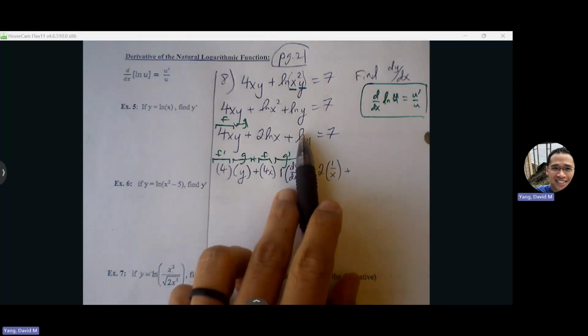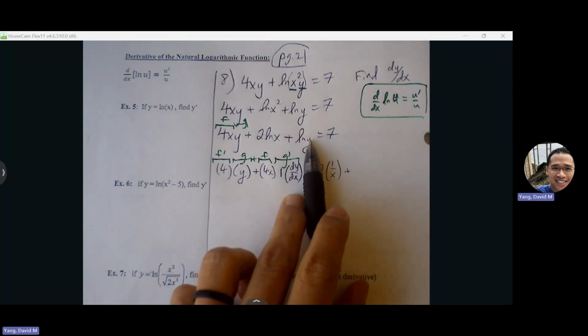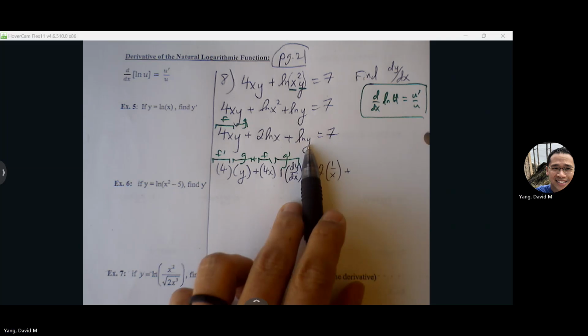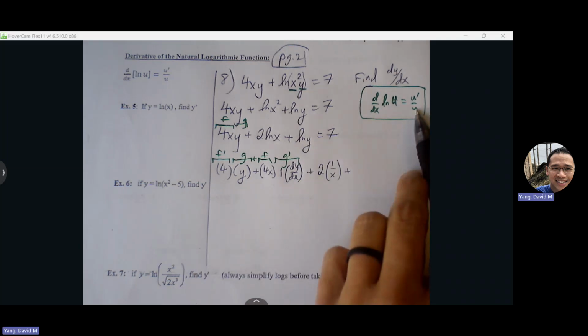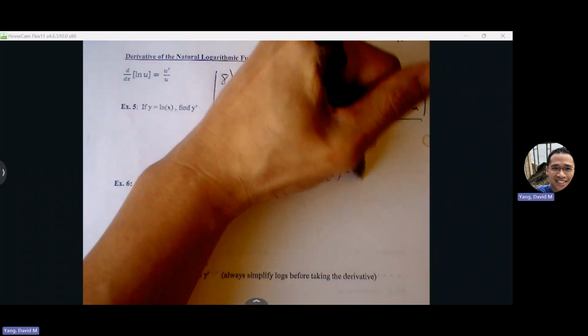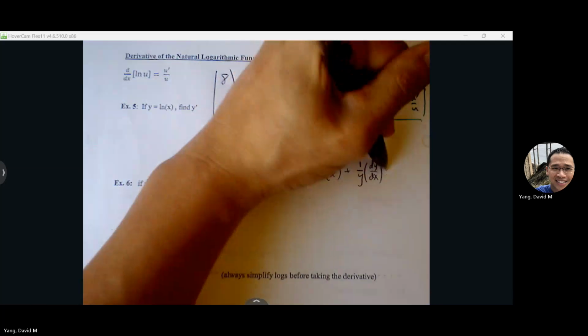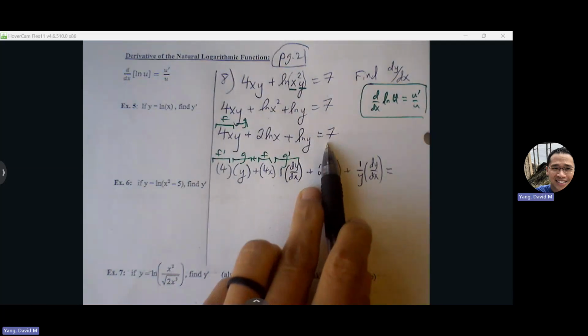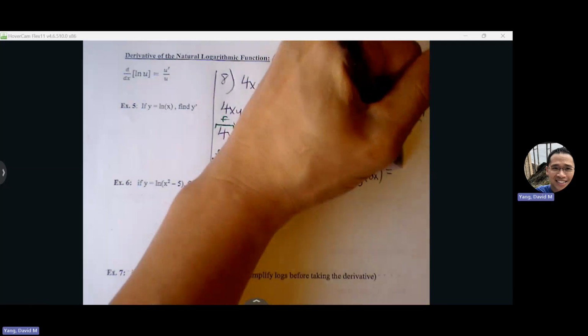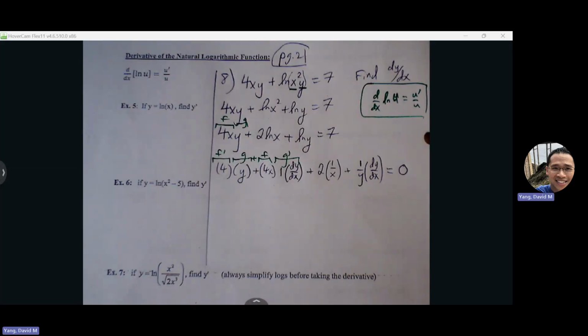Okay, natural log of y. So pretend like you're looking at an x, just find the derivative of that first. What's natural log of y's derivative? 1 over y. Yep, so now we found the derivative, attach dy/dx. Equals 0. Good, derivative of a constant goes to 0.